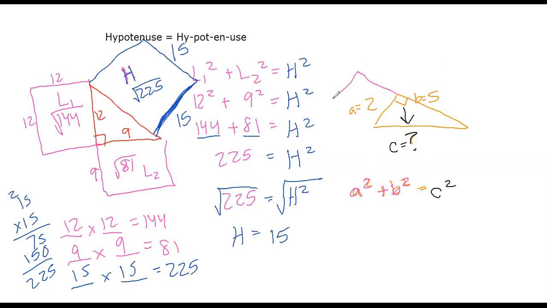So a squared, we have 2 times 2, which is going to give us 4. And then we have b squared, which is 5 times 5, which equals 25. And then we have c squared, which we don't know yet.